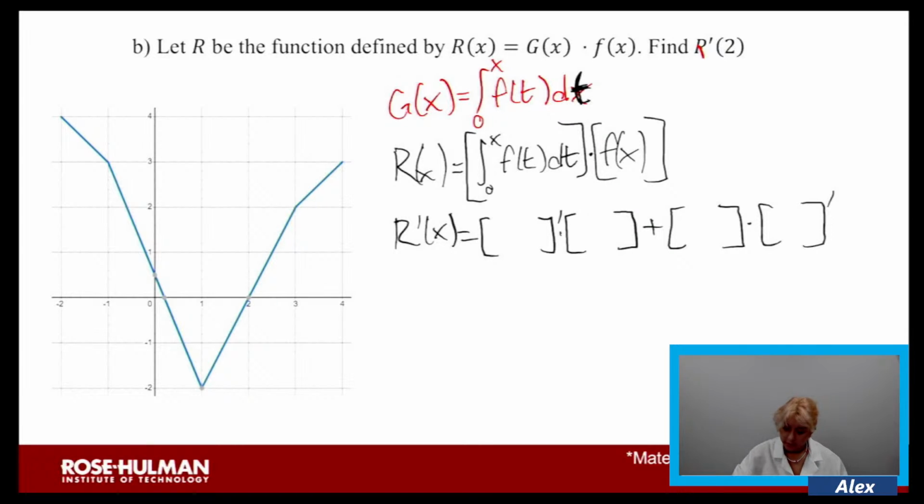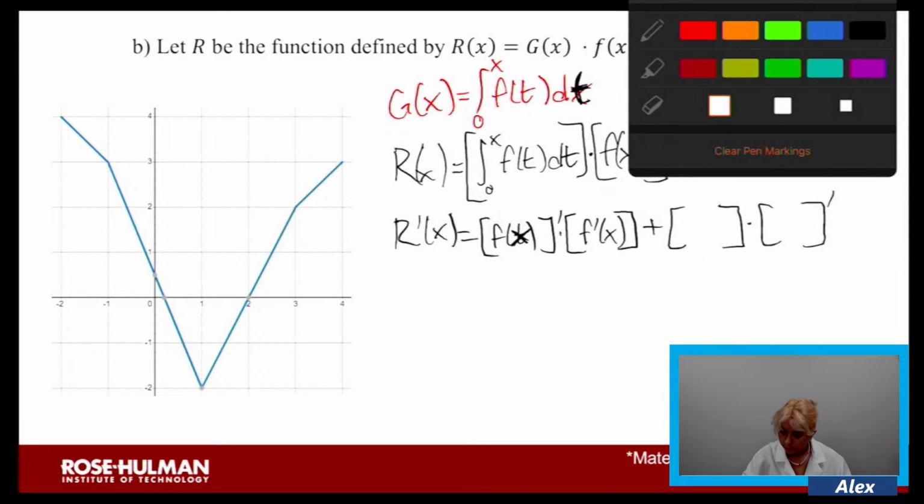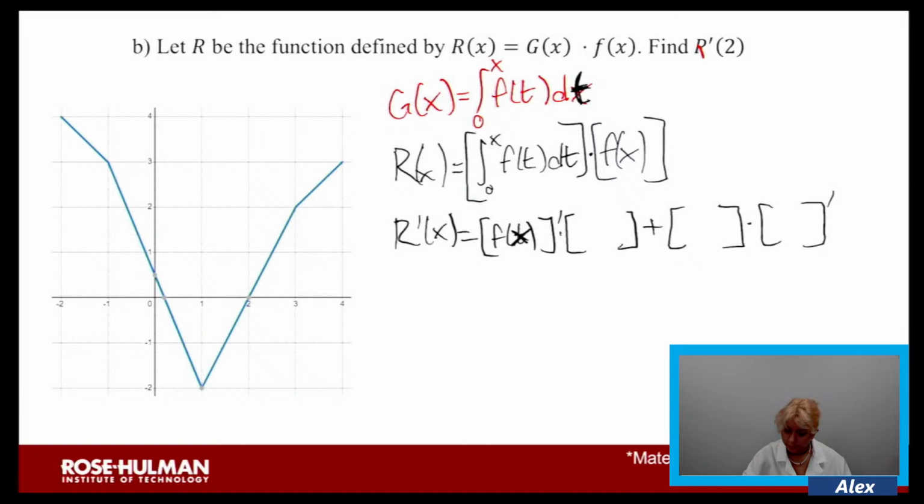And just filling that in, that gives us f of x, since it is being evaluated from 0 to x, and then f of x, just the original, and then the left side, the integral from 0 to x of f of t with respect to t times f prime of x.